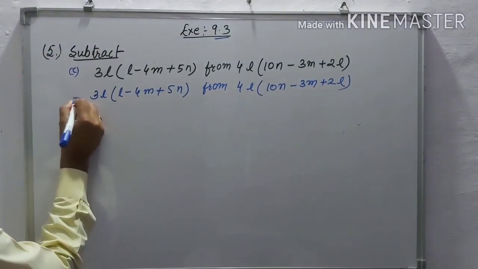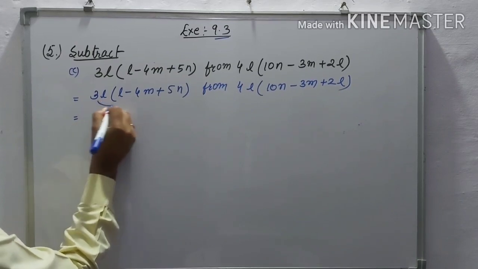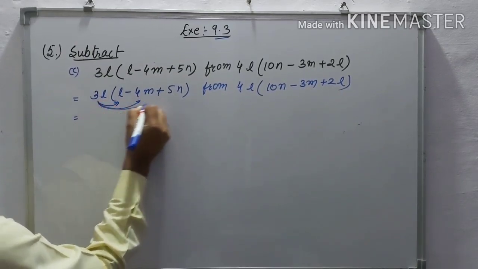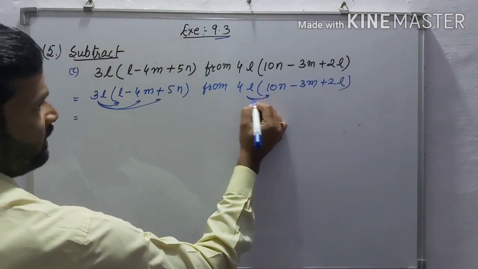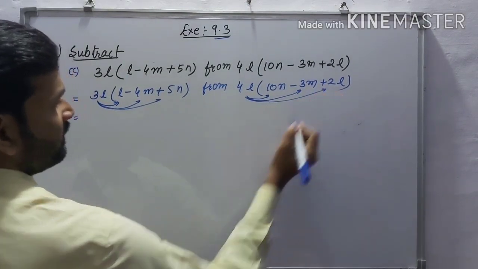Here, first multiply, second and third. Similarly, first multiply, second multiply and third multiply.